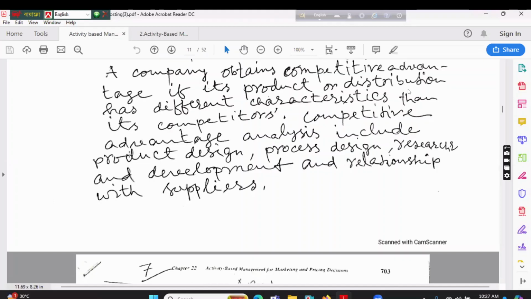Step 5, prepare management reports. To repeat: define activities, activity cost pools, and activity measures. Second, assign overhead cost to activity cost pools. Calculate activity rates. Assign overhead cost to cost objects using activity rates and activity measures. Prepare management reports.